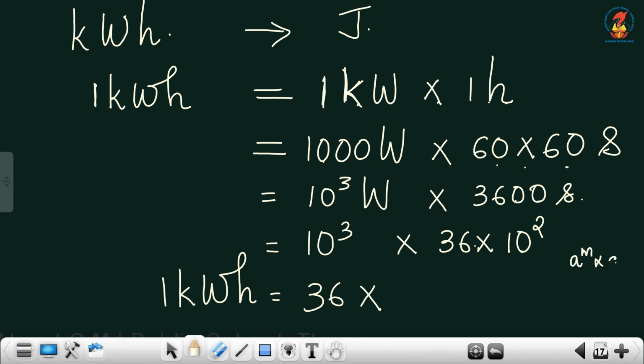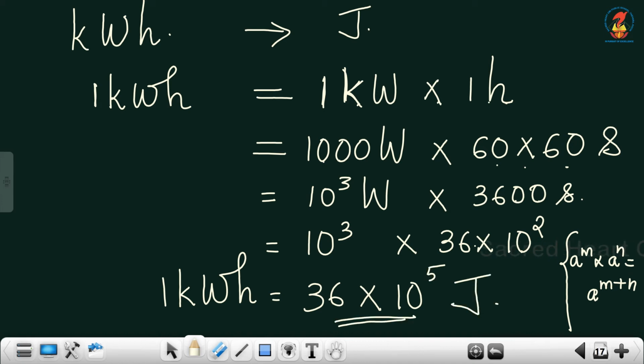A raised to m into a raised to n is a raised to m plus n. So that is 10 raised to, instead of m we have 3 and instead of n we have 2. m plus n, that is 3 plus 2, that is 5. So much joules. We have converted kilowatt hour into joules.